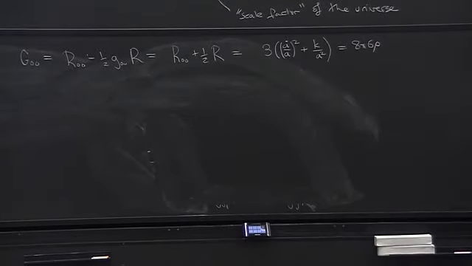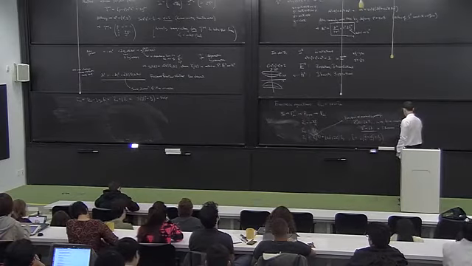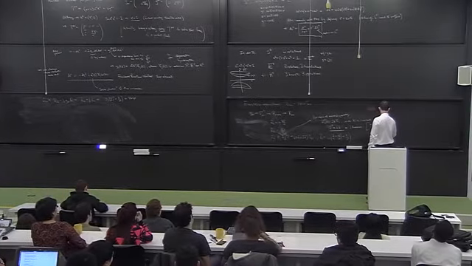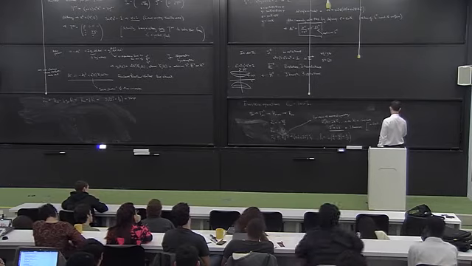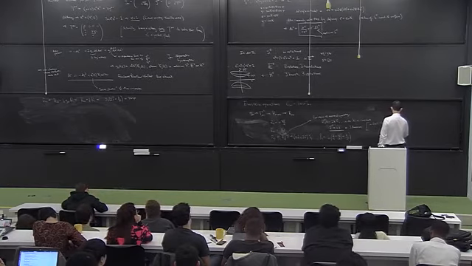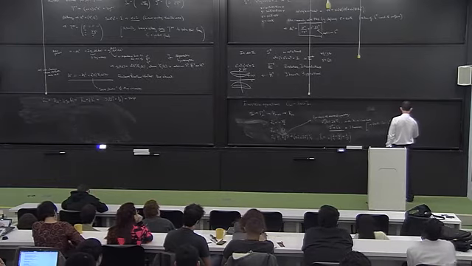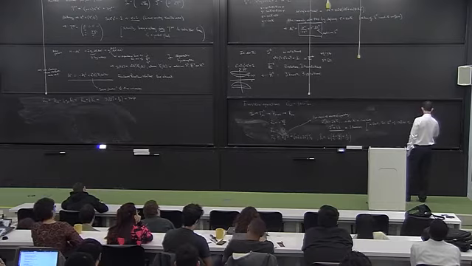By the way, I should have related K to R naught. In fact, for S3 of radius R naught, K is 1 over R naught squared.